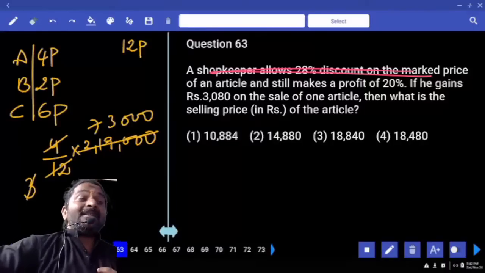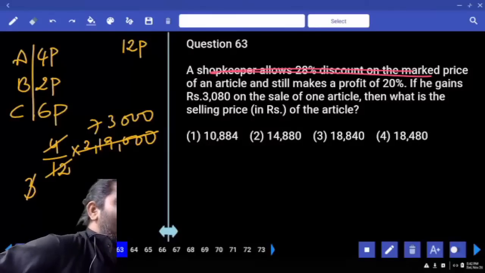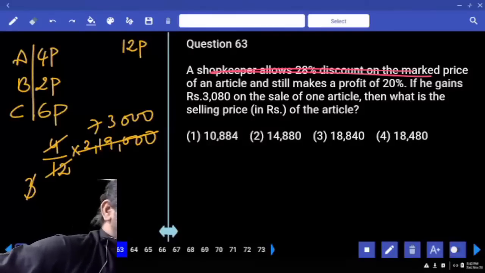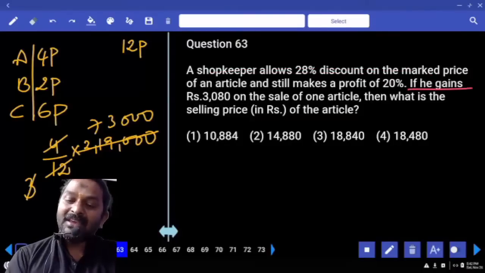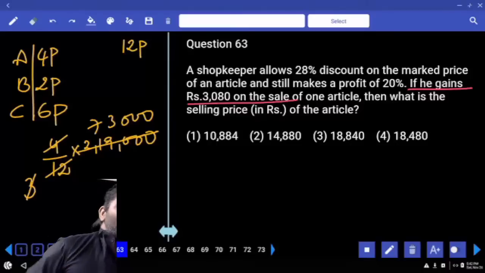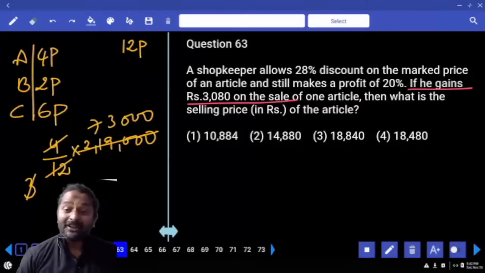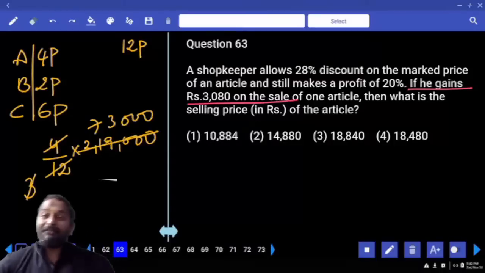If I am selling my item to you at a profit of 20%, at what price I am selling? 120%. Agreed? Now at the same time, if he gains 3,080 on the sale of one article, so if I sell one item, how much profit I am getting? 3,080. That is profit, right?